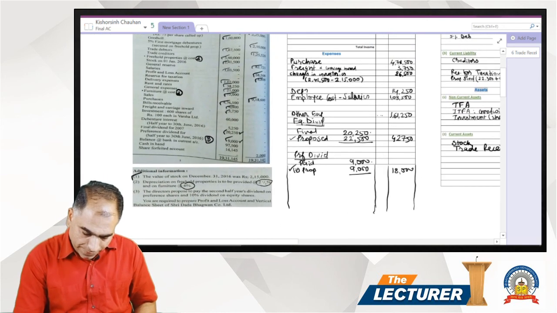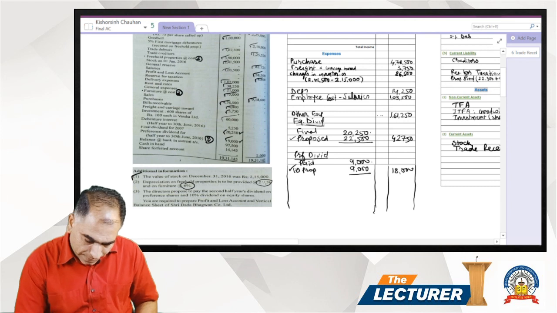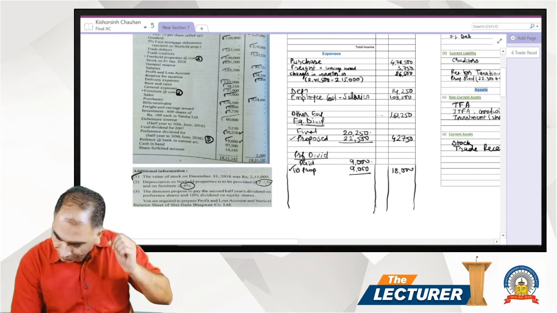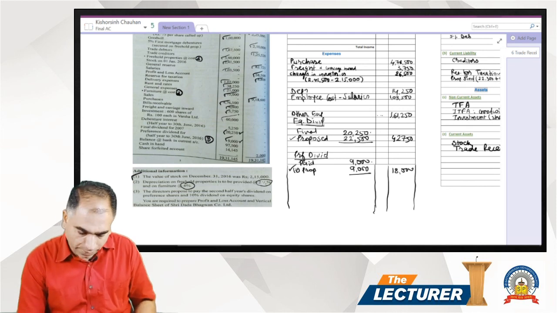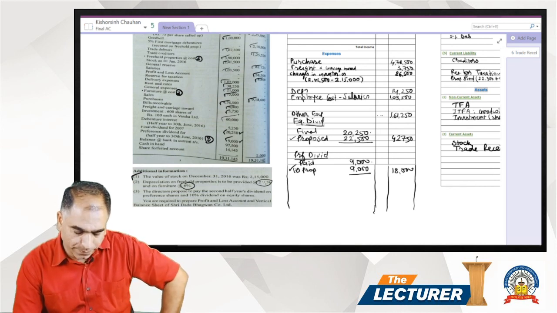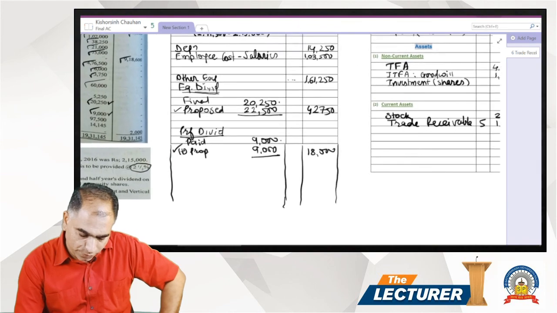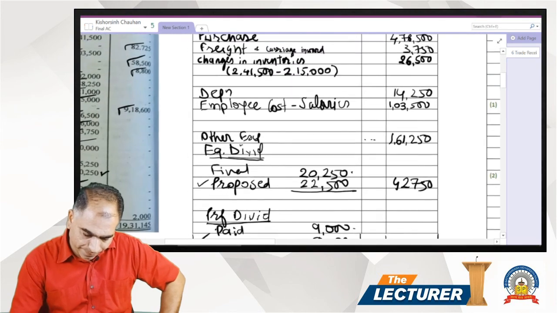Next, after the investment, debenture interest half year 5250, plus we have another half because this is for a year, we have to pay for the full year, so half we still have to pay, so it's outstanding.